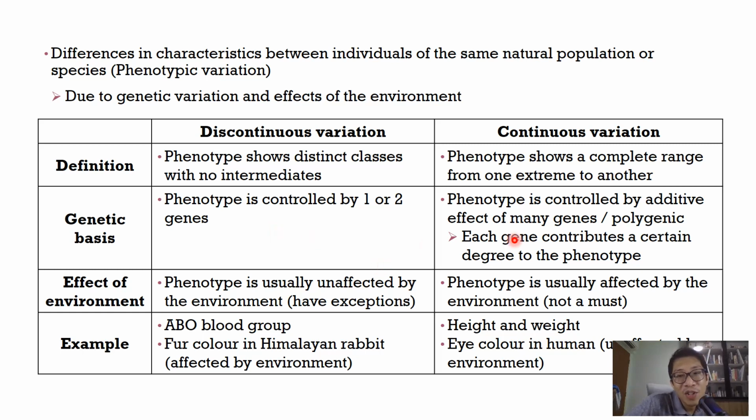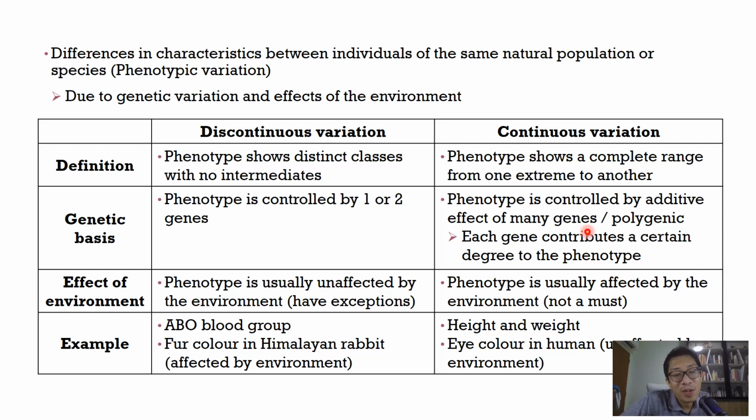But for the continuous variation, the phenotype more often than not is controlled by many genes, and we describe this as the additive effect of many genes, because each gene with the different alleles contributes a certain extent to the phenotype. So the final phenotype is the sum of the contributions by the different genes.